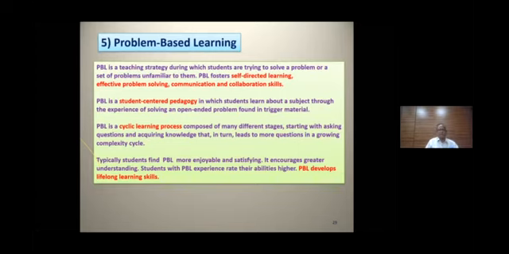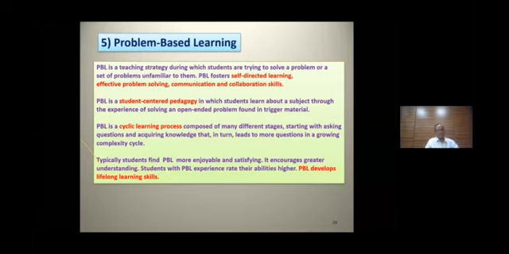Problem-based learning is a cyclic learning process composed of many different stages, starting with asking questions and then solving some problems. But here, without giving input about a particular subject or concept, the problem is given and students are requested to solve it. The students will start thinking about the problem and how to solve it with our available knowledge.